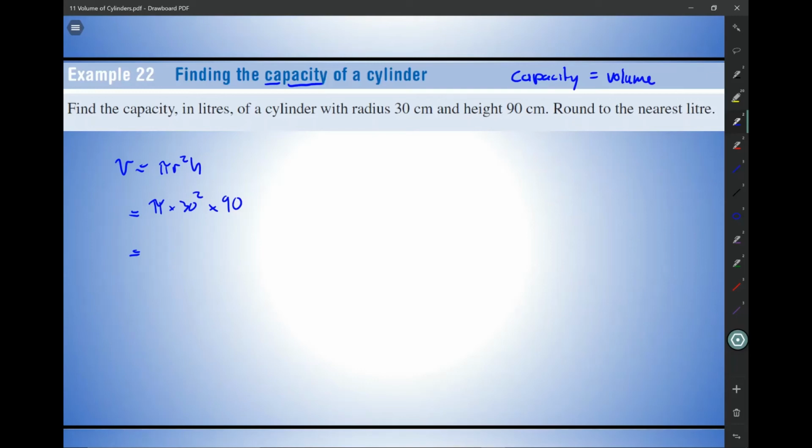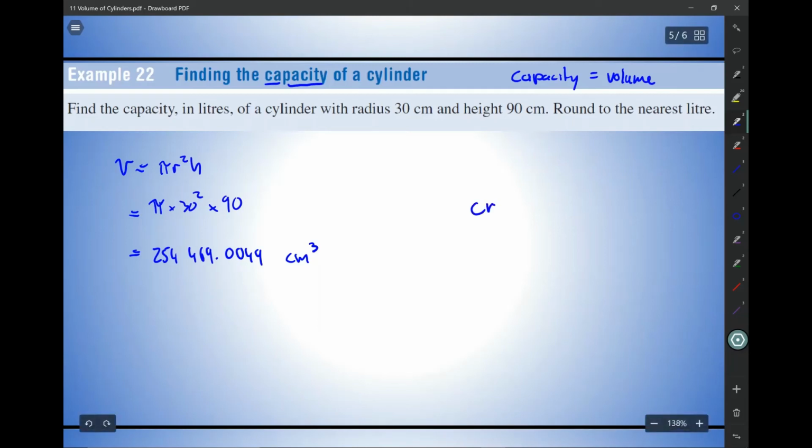And this is going to be quite a large number. 254,469.0049 centimeters cubed. Now, the question is asking us to convert into litres.